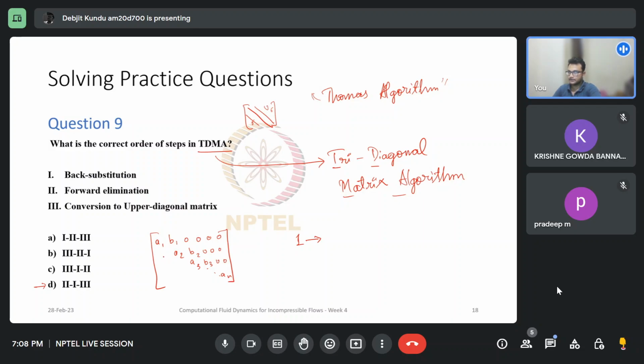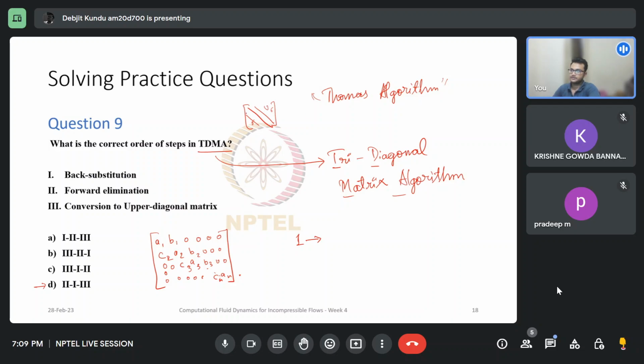Similarly, there will be one below it. So C1 and all below will be zeros. Here also I'll have C2, rest all zeros. C3, rest all zeros. Similarly, here I'll have Cn. There won't be a Bn because there are no elements over here. Other than that, all will be zeros.